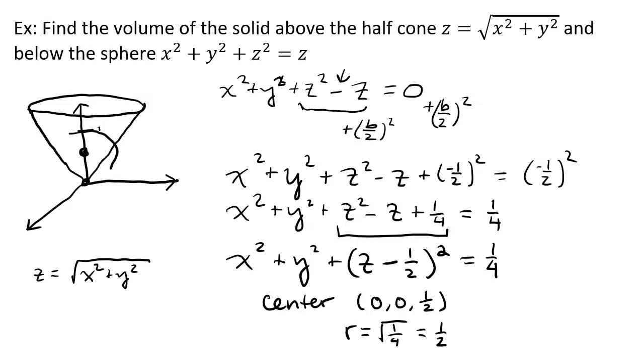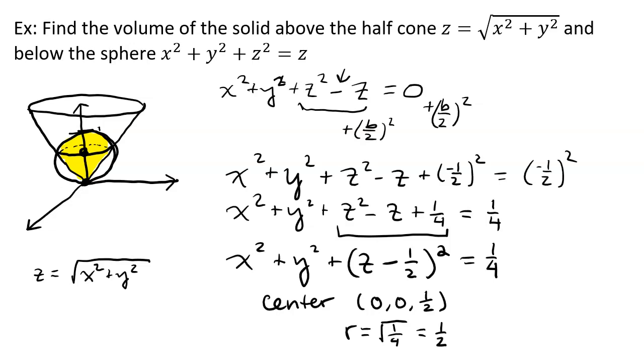So then my sphere comes down and it's like this. The shape that we're looking at has a little cross section right here. Remember, we're looking for above the cone and below the sphere. So what we're looking for is this inside part, where we're inside the cone and underneath the sphere. That's the part we want for our volume.